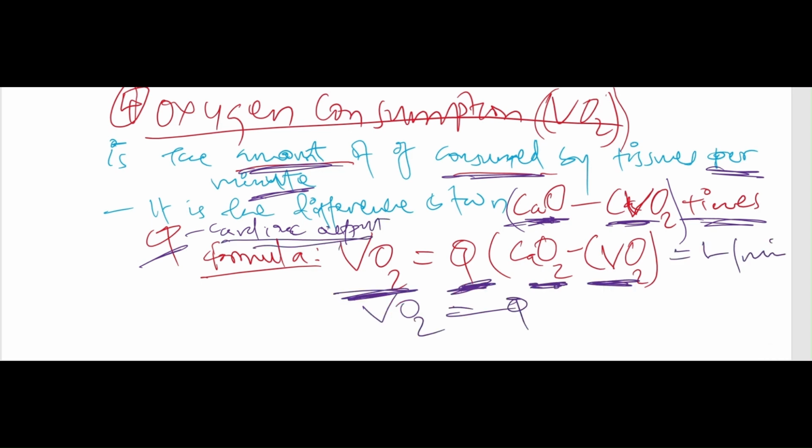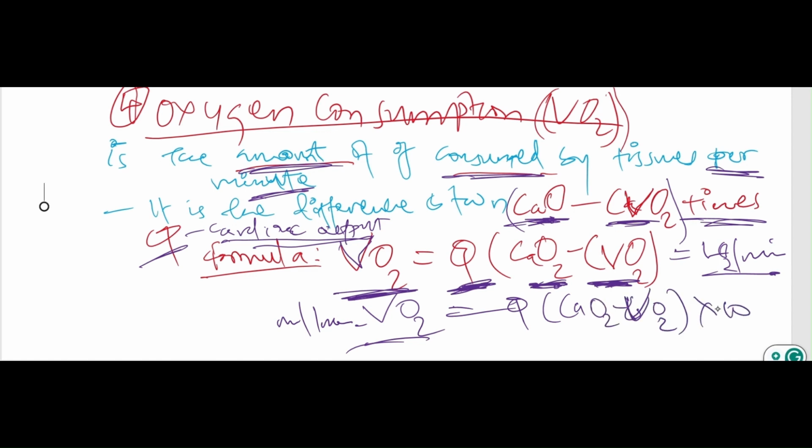So the formula reflects that oxygen consumption, which is VO2, is equal to cardiac output times oxygen content in the arteries minus oxygen content in the veins, and this gives you liters per minute. If you want to change it to mils per minute, you will have to multiply by a factor of 10. That is, cardiac output times oxygen content in artery minus oxygen content in veins, times 10.